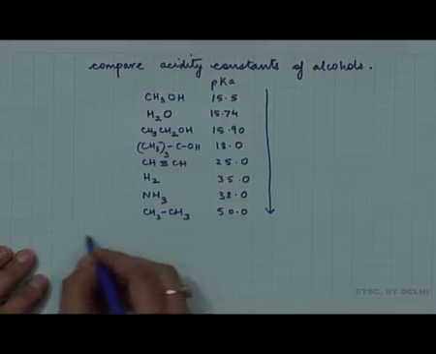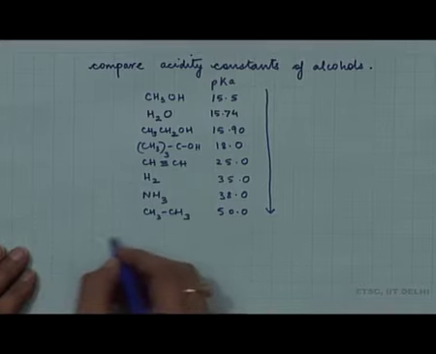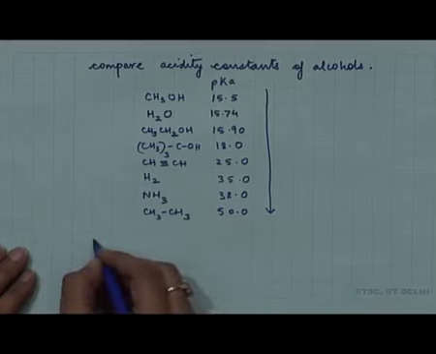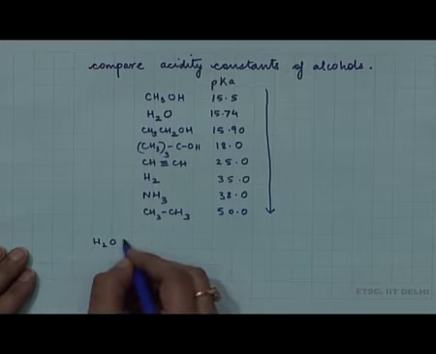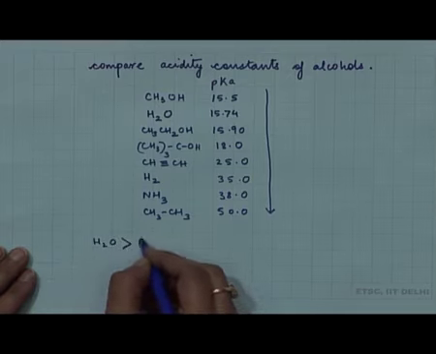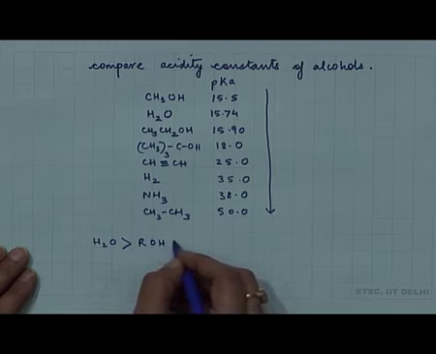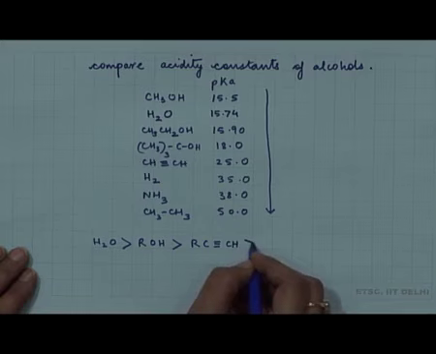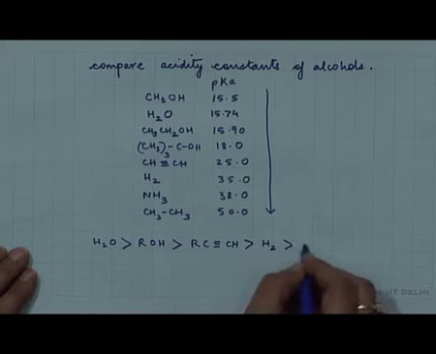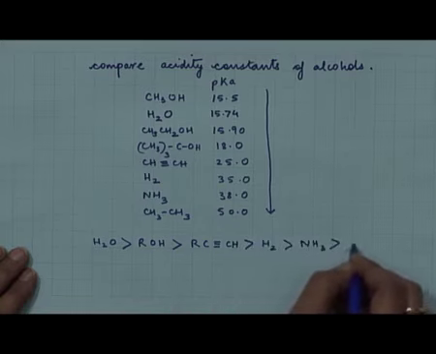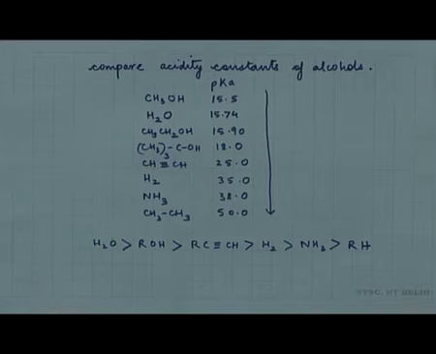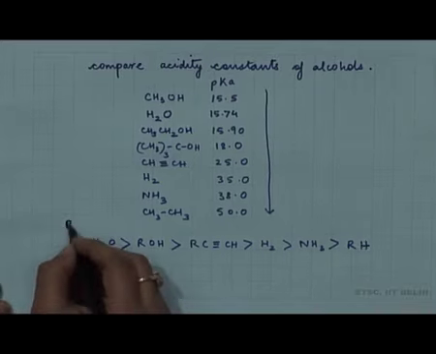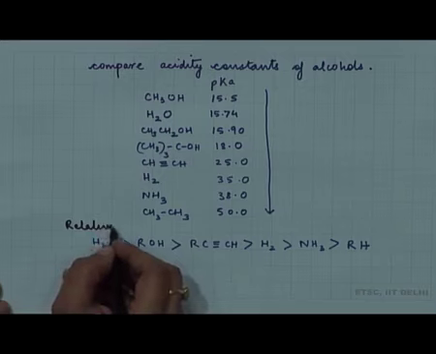So, if I have to plot the order of acidity in general for these molecules, I can say water is the most acidic, followed by the general class of alcohols, followed by alkynes, followed by hydrogen, then amines, and then alkanes. This is the relative order of acidity of these different classes of compounds.